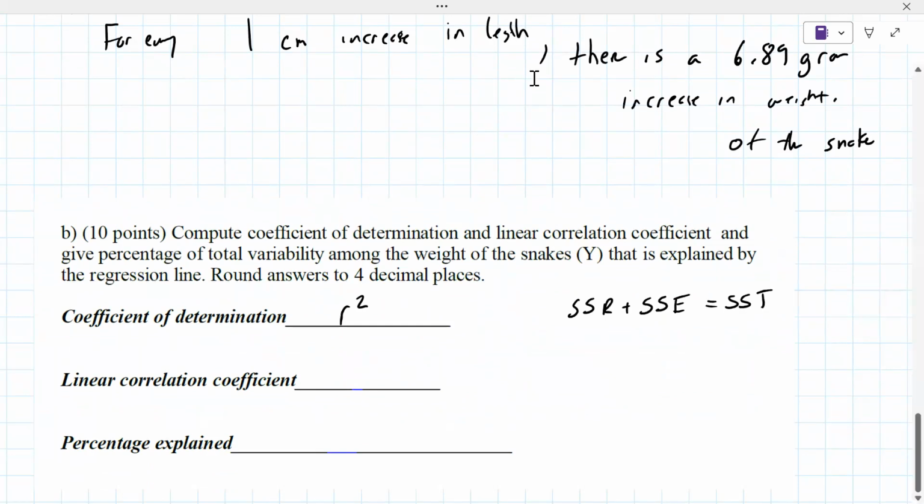In your problem, you're given that this is 9811 and this is 1194. Could you calculate SSR for me, please? Yes. Okay.